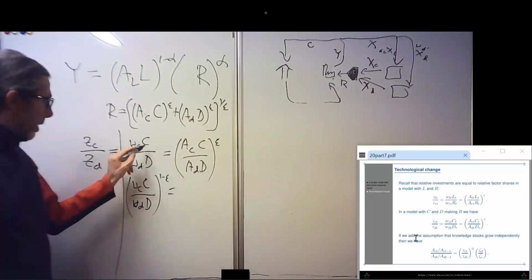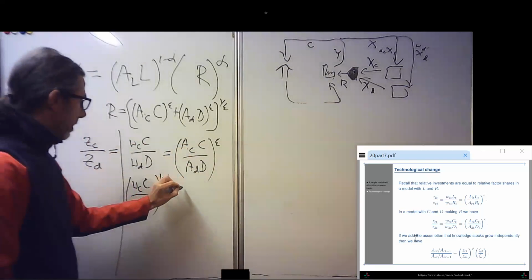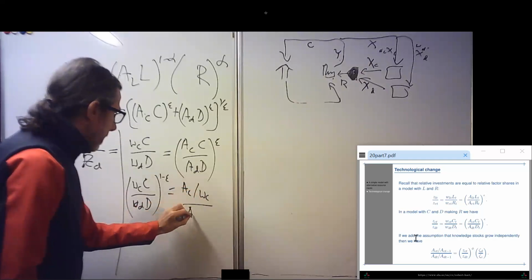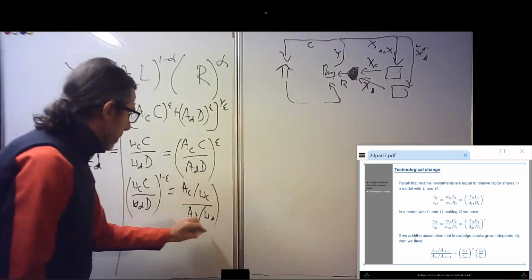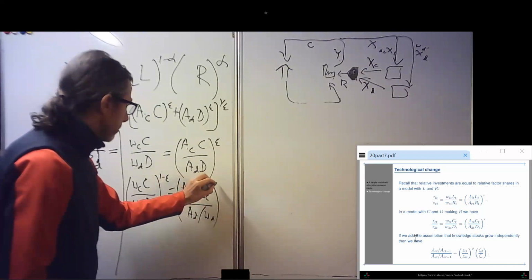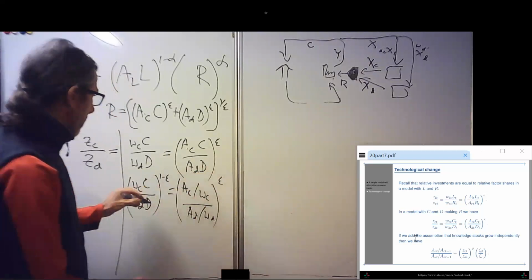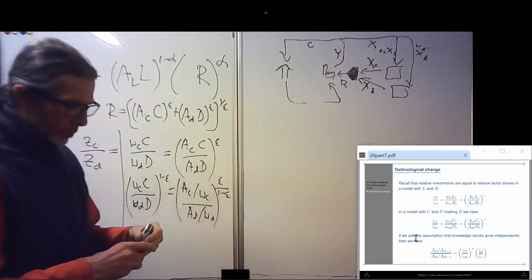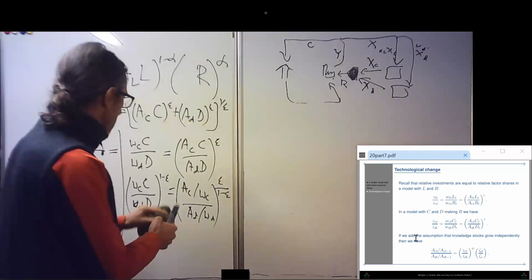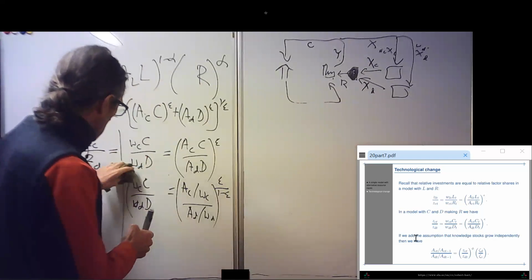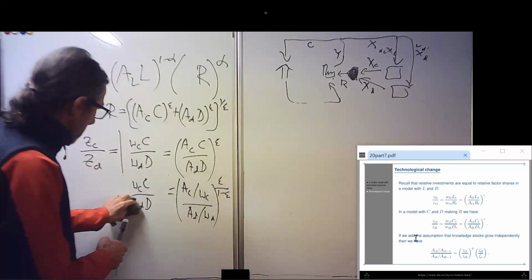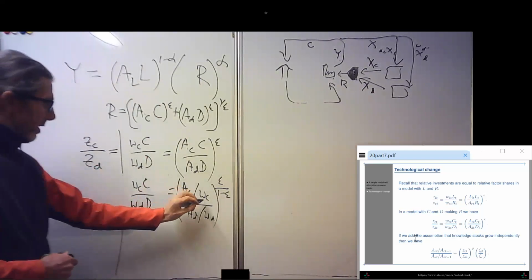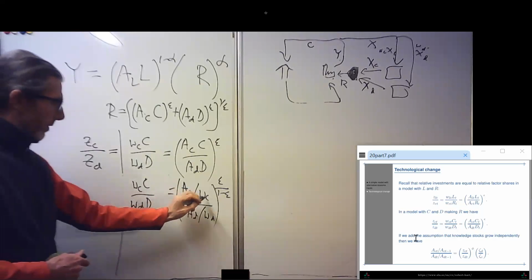Then we end up with a power of 1 minus epsilon here, and AC over WC, AD over WD to the epsilon. Then we take it to the 1 over 1 minus epsilon, and we end up with that. So that's the relative shares in terms of technology levels and prices.